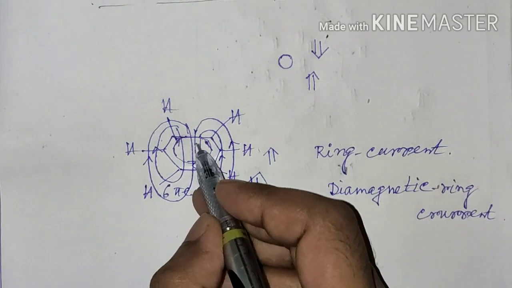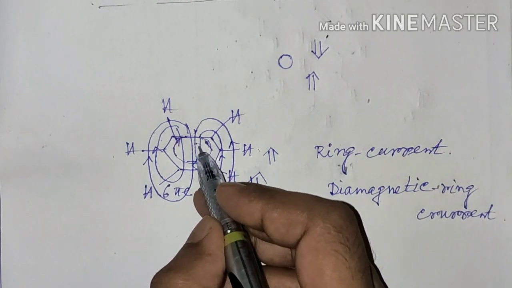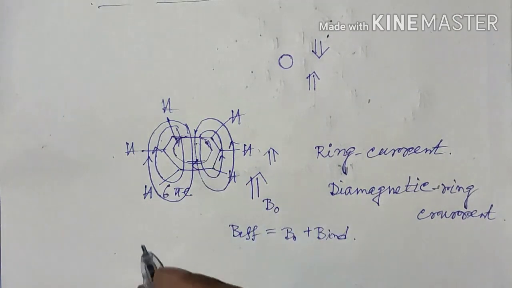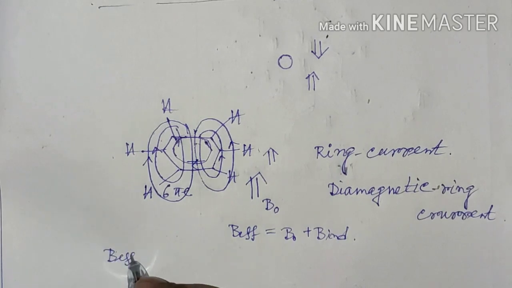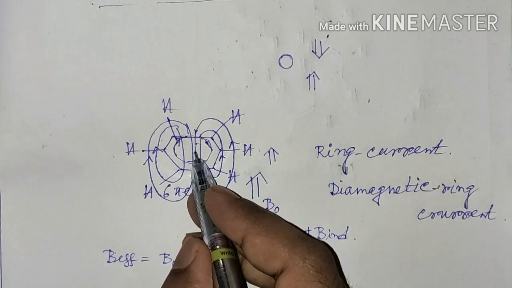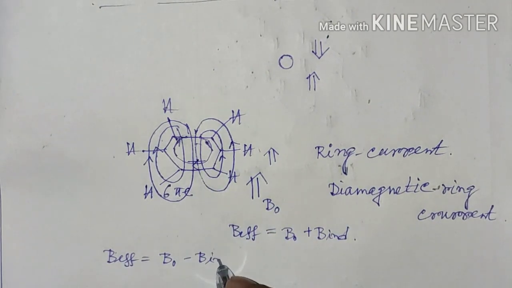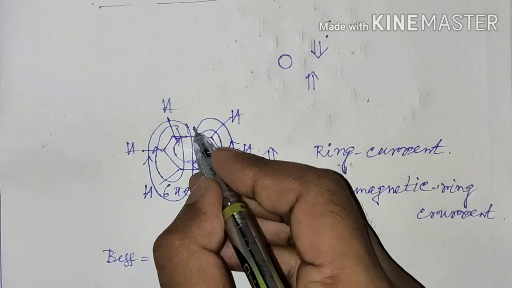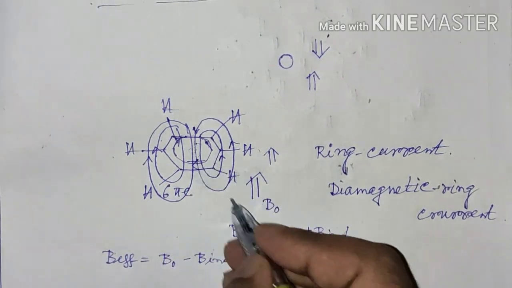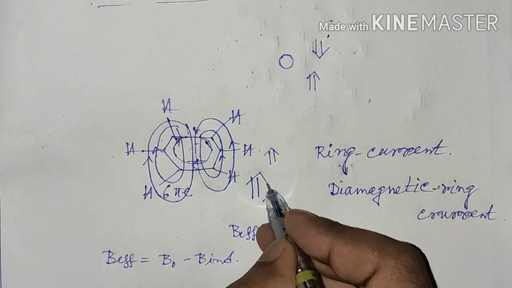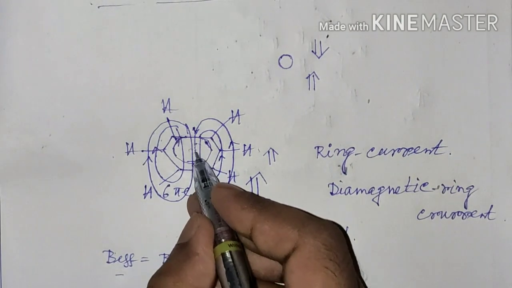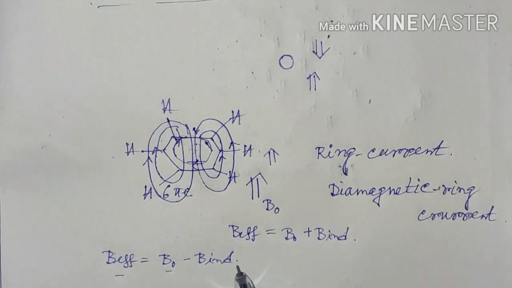Now if any proton resides within the ring, then the magnetic field experienced by the inner proton will be like this: B effective will be B applied minus B induced. Since the direction of the induced magnetic field for the inner proton will be opposite to the applied magnetic field, the effective magnetic field experienced by the inner proton will be B applied minus B induced.